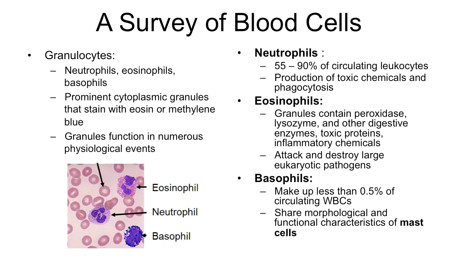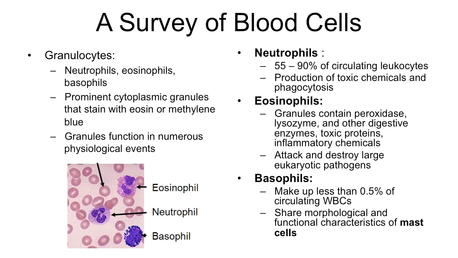Eosinophils also have granules inside, but those granules contain other molecules like peroxidases, the enzyme lysozyme, and some other digestive enzymes. They have toxic proteins and inflammatory chemicals that are able to elicit an inflammatory response. And they're really good at destroying large eukaryotic pathogens like worms.